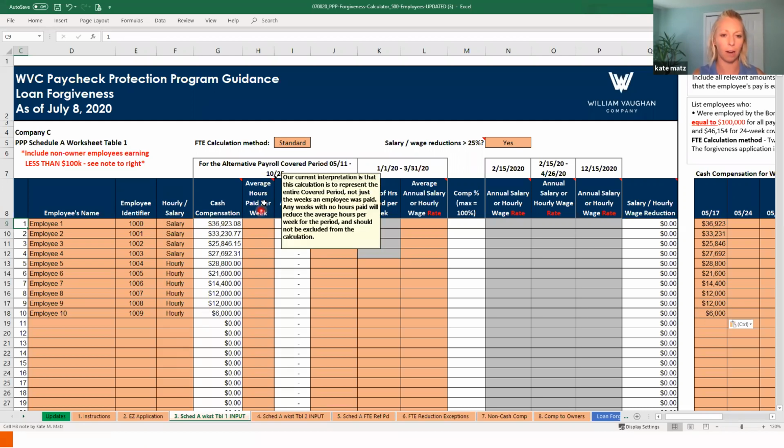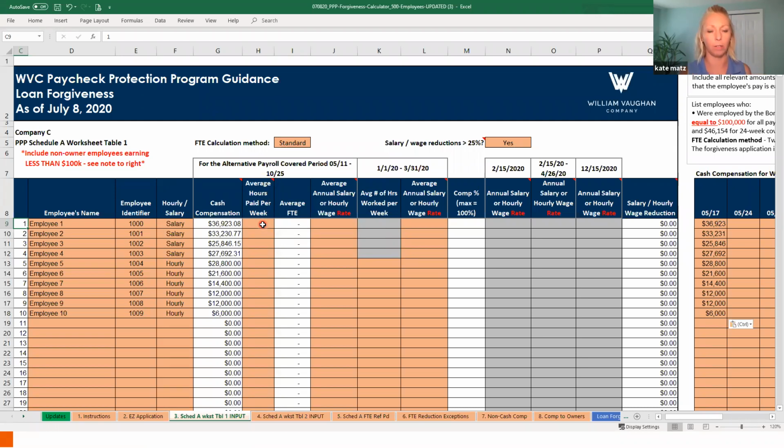Next column then is the average hours paid per week. This is where we're going to start looking at our FTE information. So average hours paid per week for each of these employees, and again, it's during this whole alternative payroll covered period. This is something you're going to have to calculate offline, on a side calculation, and then plug the results into here.